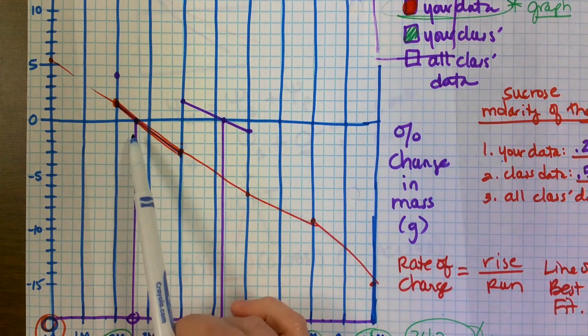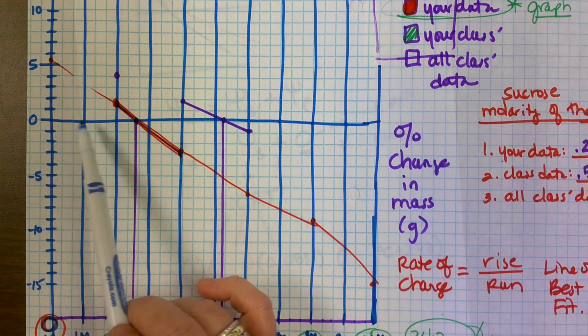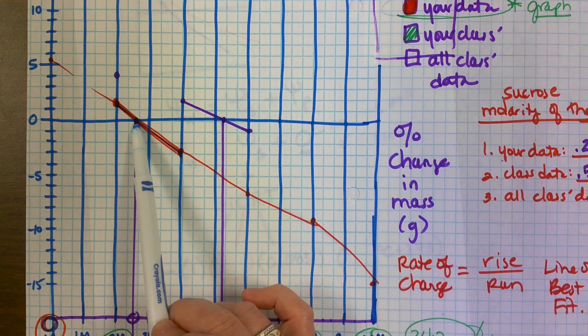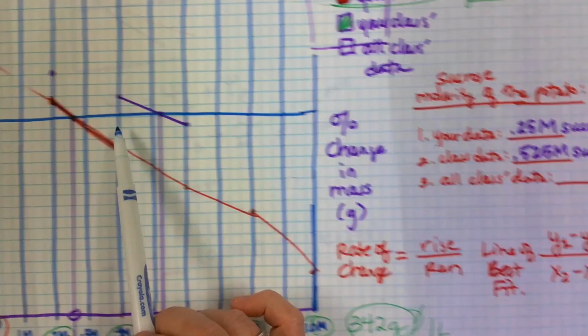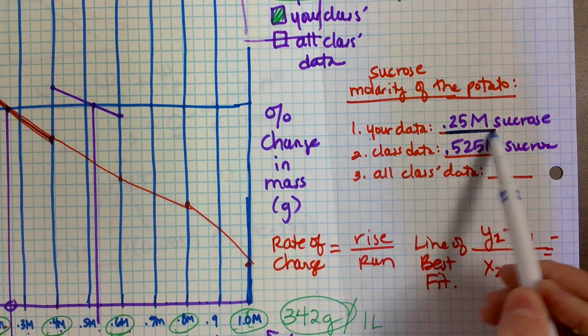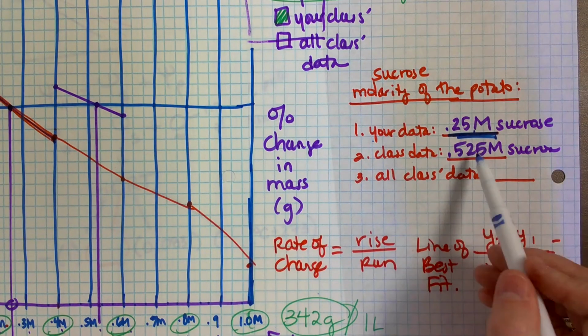So we're estimating it had 0% change, which means that's exactly how much sugar it had in it because it had no change. So we're saying it had 0% change at 0.25 molar solution. Now remember, this is just made up data, so you're going to use your numbers for this, okay?